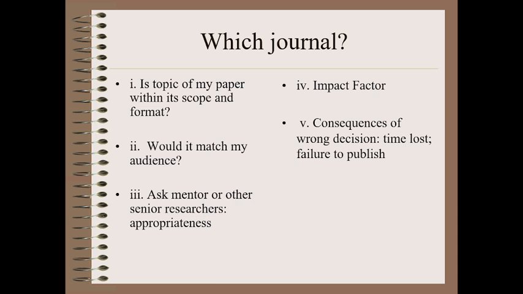Even if your result and research are very good, because you chose the wrong journal, it holds the time, and it might not be published after a long time, so that time is lost. These are the consequences: the time lost and failure to publish. So you have to carefully choose a journal where your research results should be published.